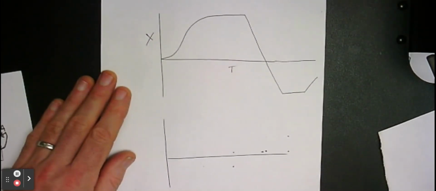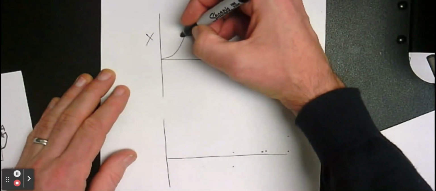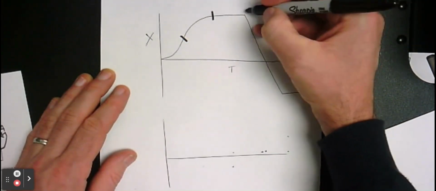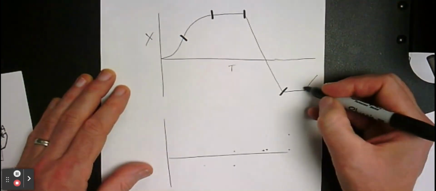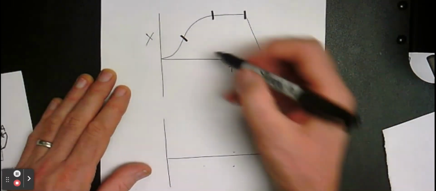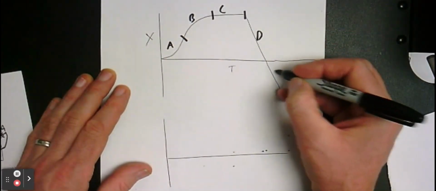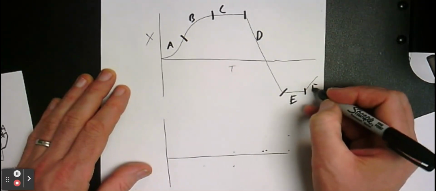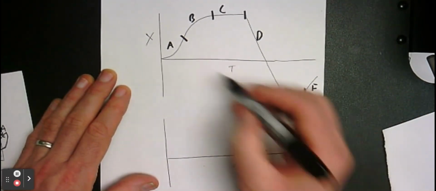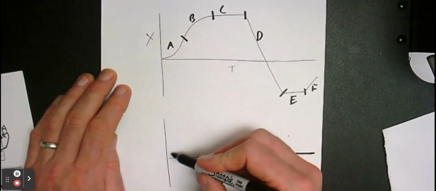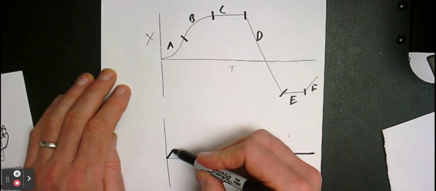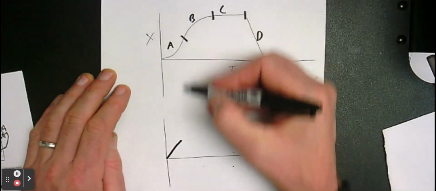Now the final one. I tried to make this one a little harder. All right. A, B, C, D, E, and F. So right here, it's getting steeper, it's gaining velocity, and then it starts to get less steep.